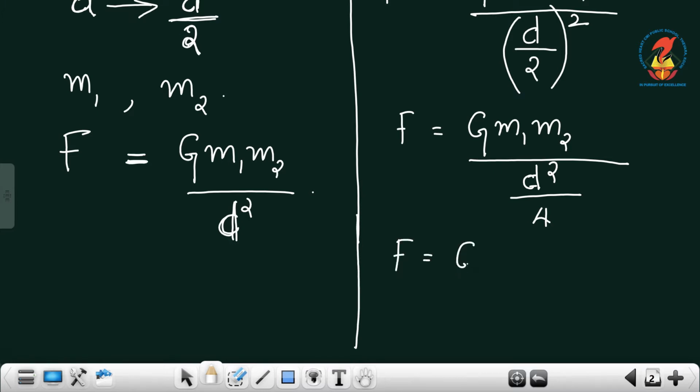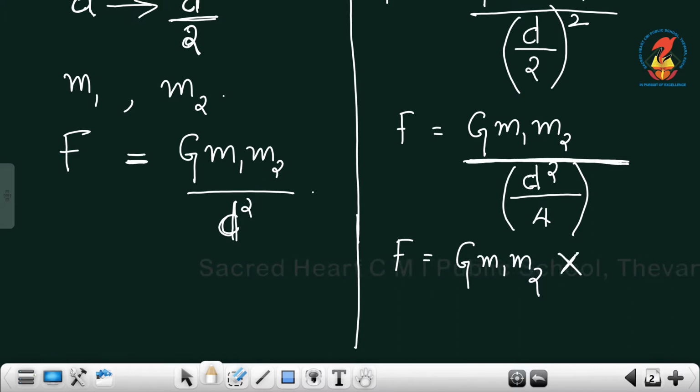That is F is equal to G m1 m2. To change this division into multiplication, we need to take the reciprocal of the denominator.